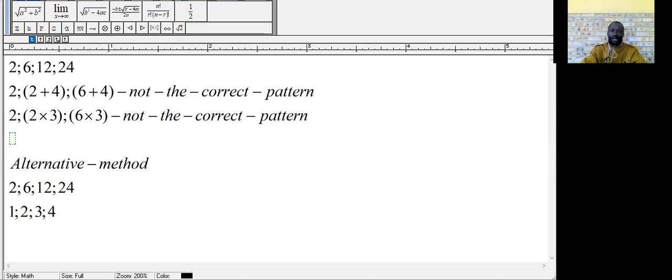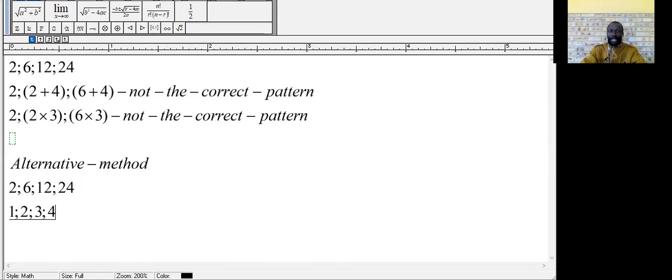Okay? So what we see here is, when we look at this type of relationship, it helps us find the pattern. So what relationship exists between 2 and 1? Is that relationship the same as the relationship between 6 and 2?